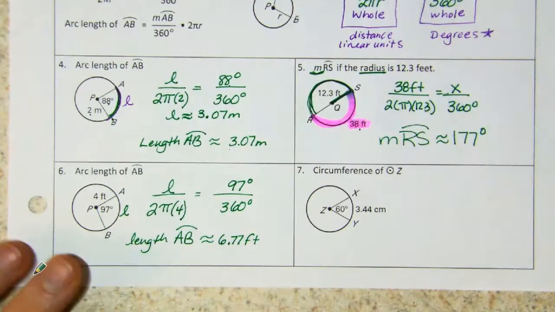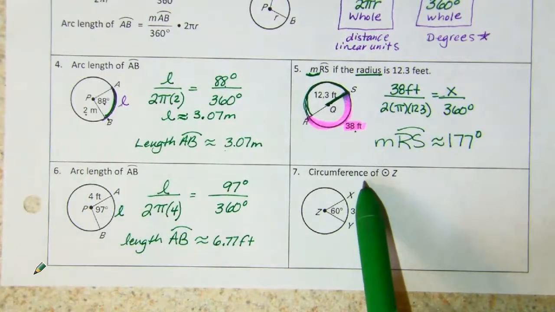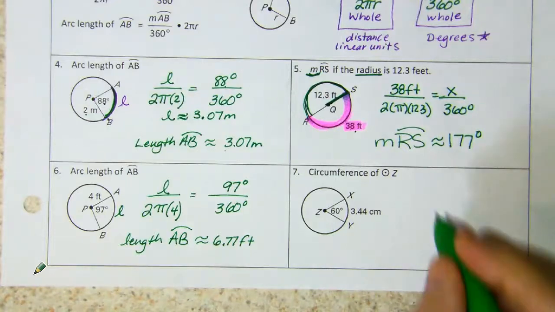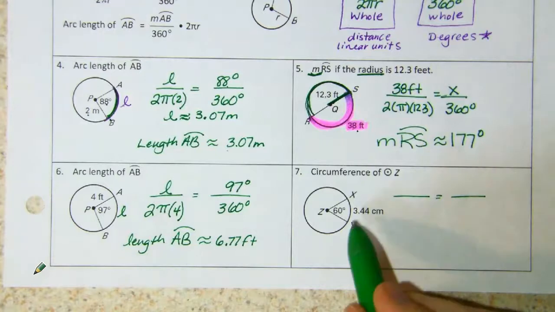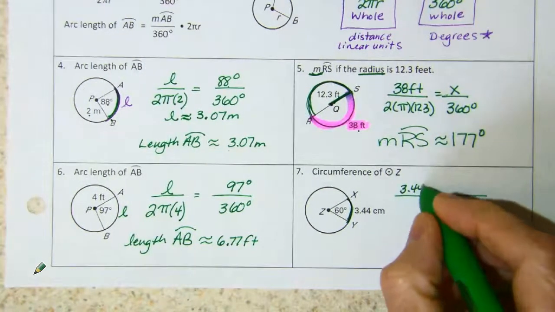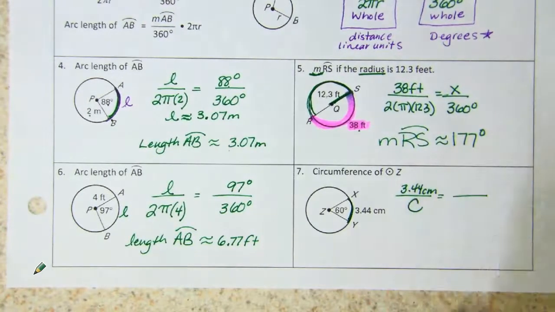Now, the last one on this page, it's asking now to find the circumference of circle Z. So notice that they're giving us different information every time, but that we don't really care about that. We've just got our proportion. This is telling me that the arc length is 3.44 centimeters. It's asking me for the circumference, so I'm just going to call that C for circumference.